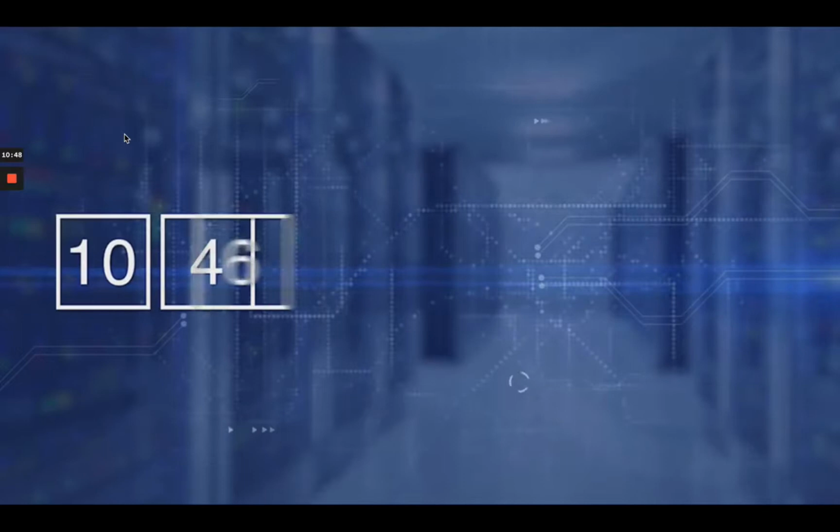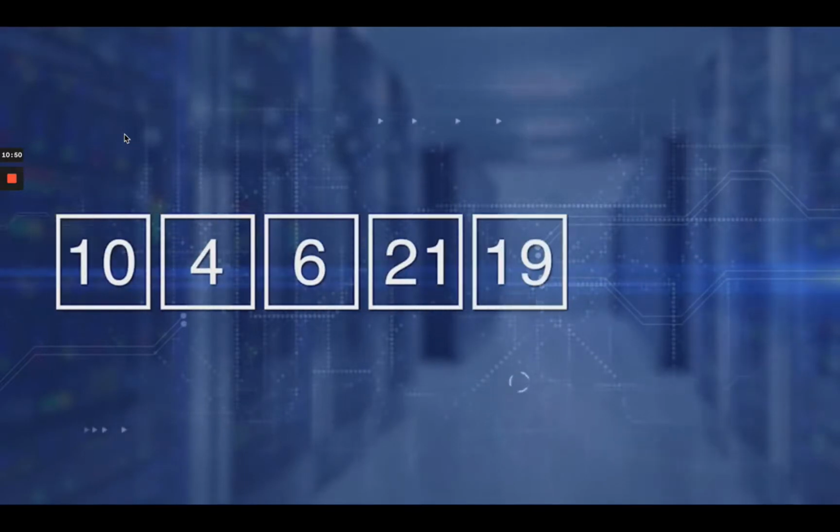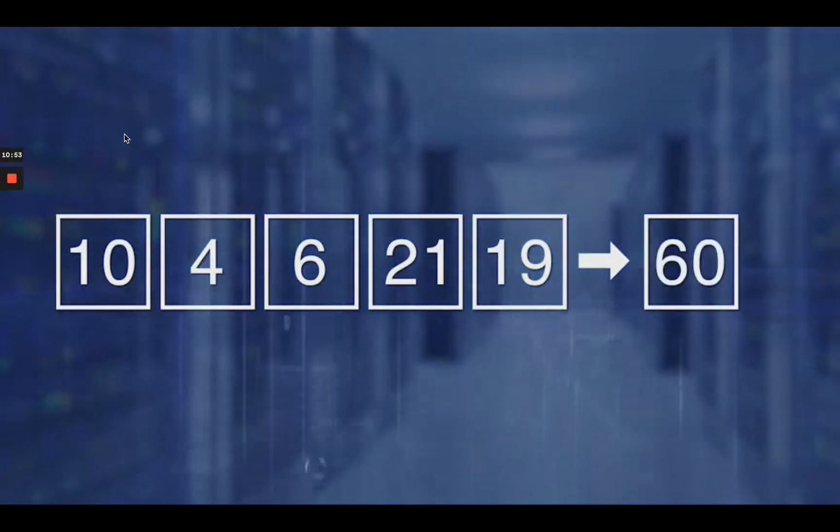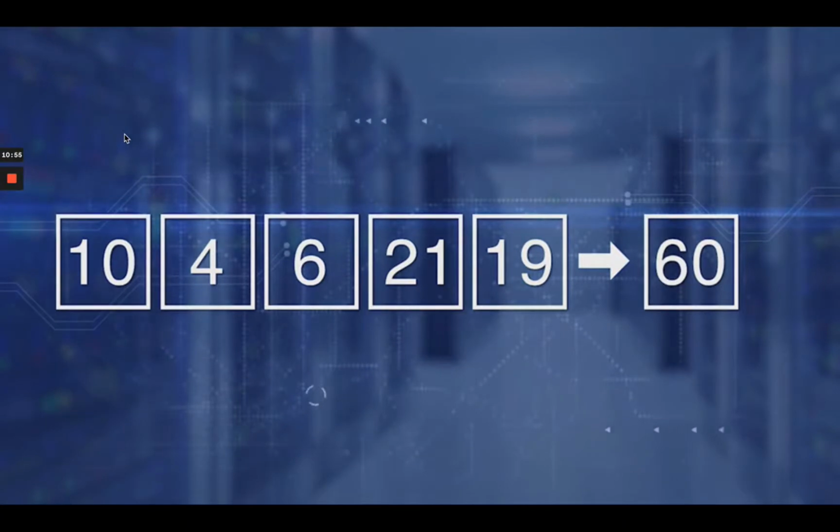We use the data 10, 4, 6, 21, and 19 and add as a hash function. Actual hashing functions are quite complex and are variations of SHA-3, and the data values are much larger, many 256 to 512 bit values.